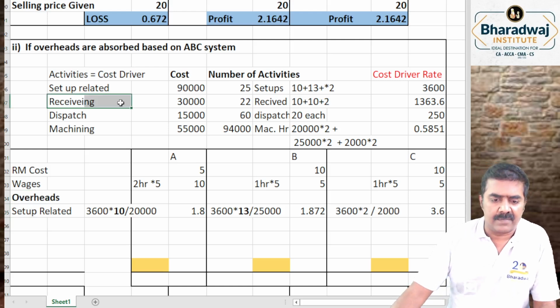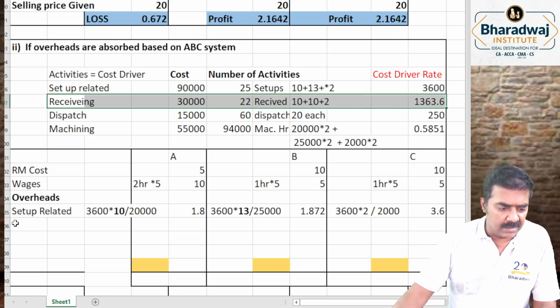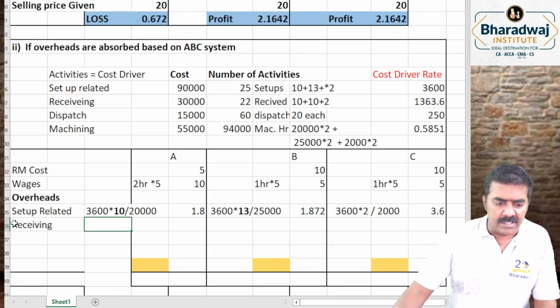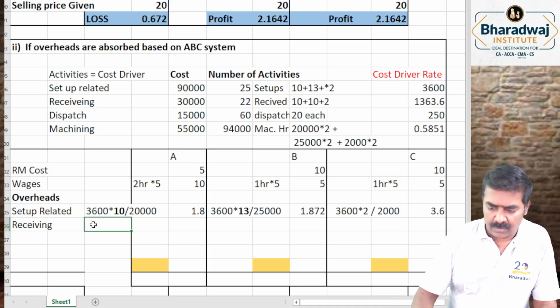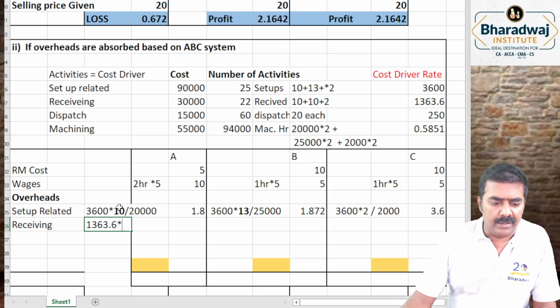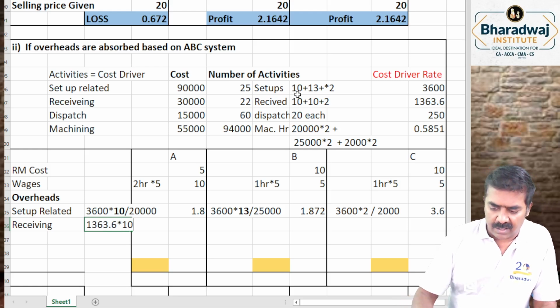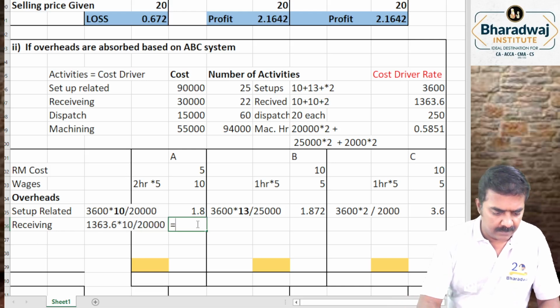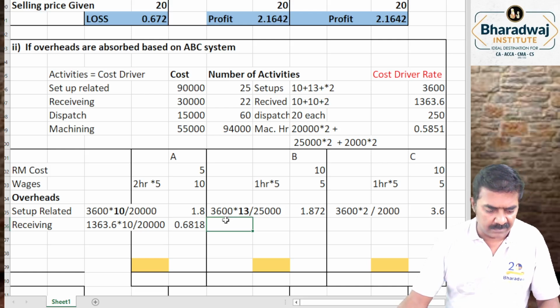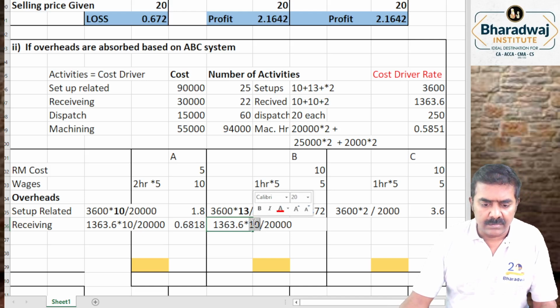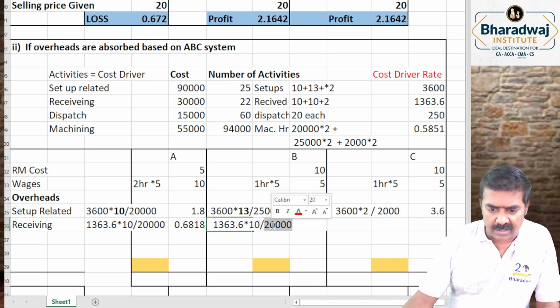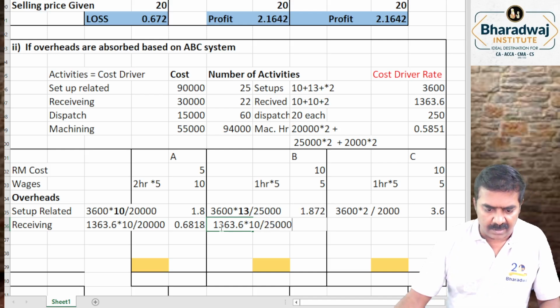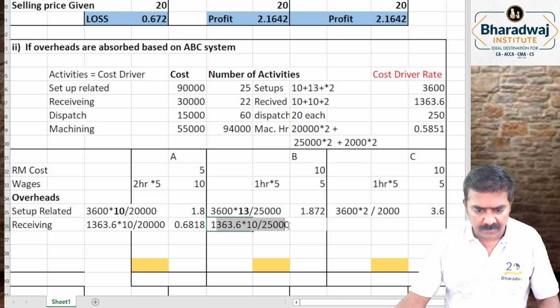Okay. What is the next cost? Receiving related cost. How much we worked out? 1363.6 into how many receiving for the first one? 10 divided by 20,000. 10 receiving divided by 20,000. How much you get? Same way for the other, 10 divided by 25,000. How much you get?